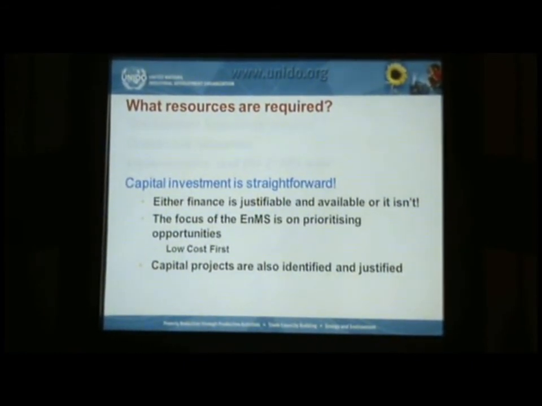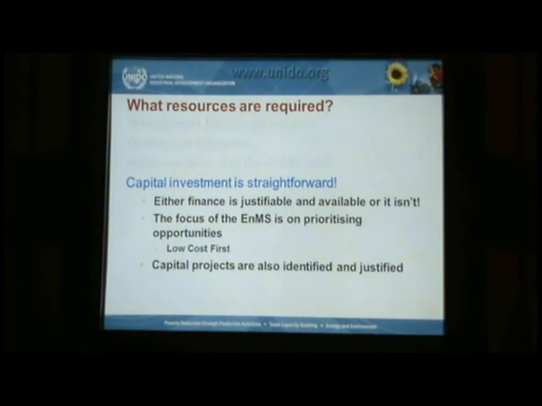So the final thing is the cost of the capital investment, so this is quite straightforward. Either finance is justifiable and available or it isn't. And you can always justify that financing is good if it is about, say, 1 year to 2 years and so on.